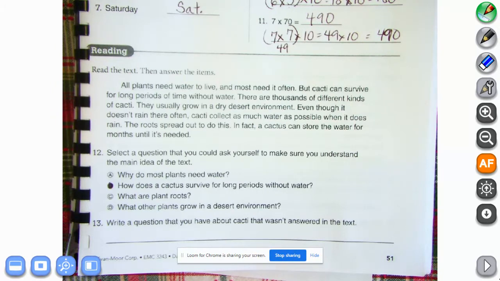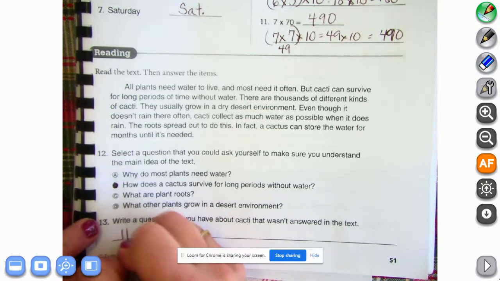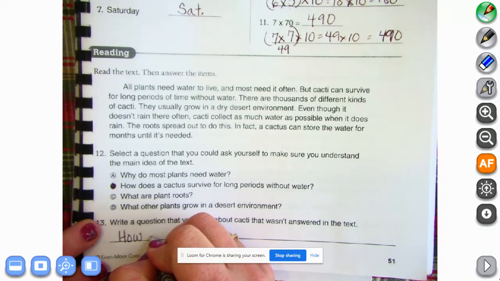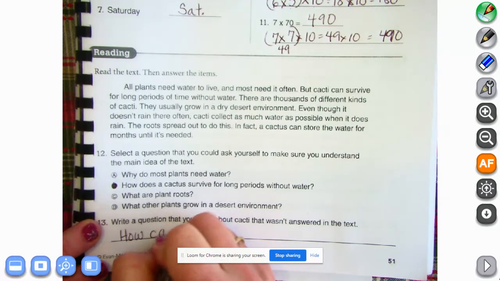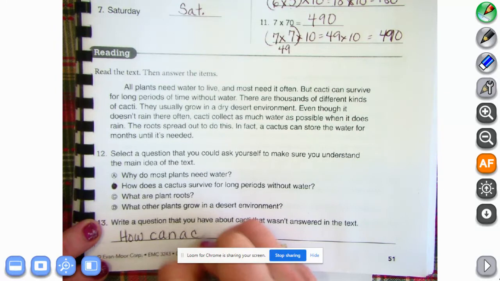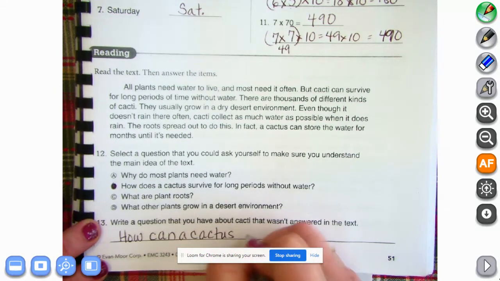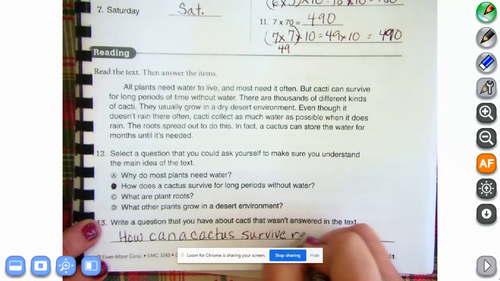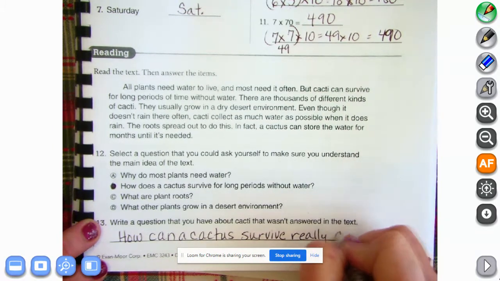All right, so I might ask, how can a cactus survive really cold temperatures?